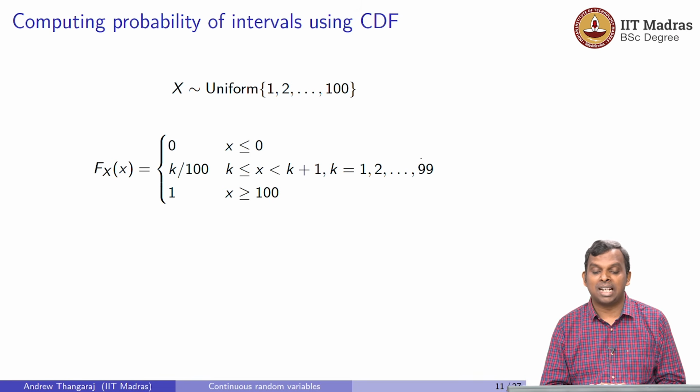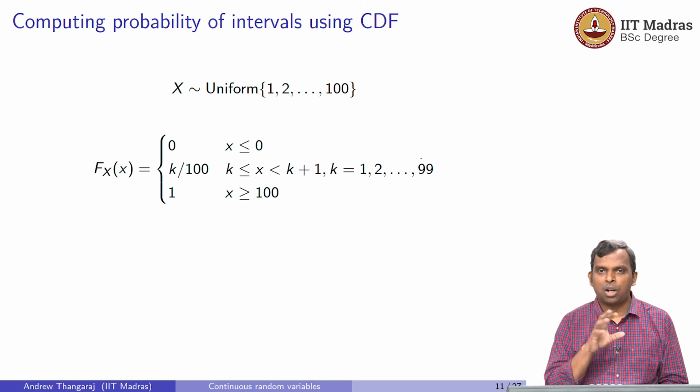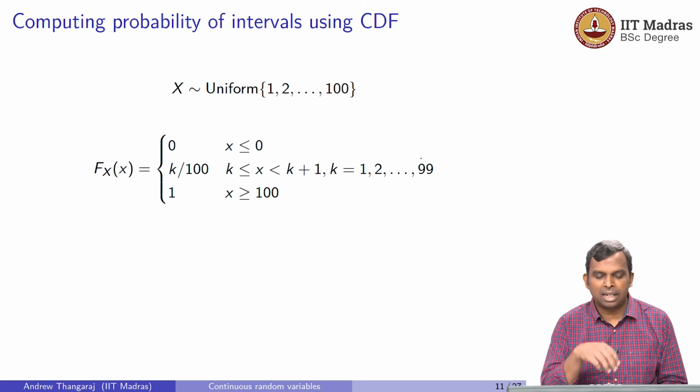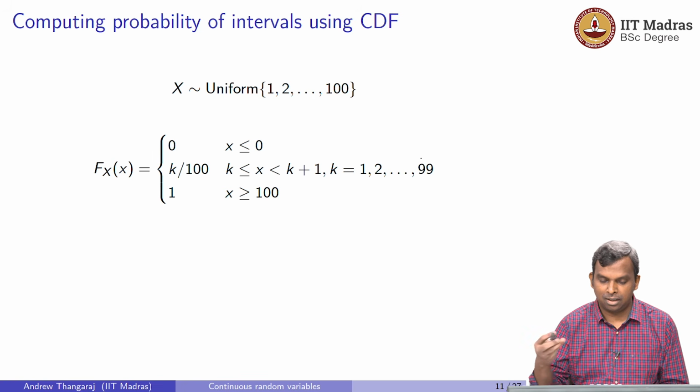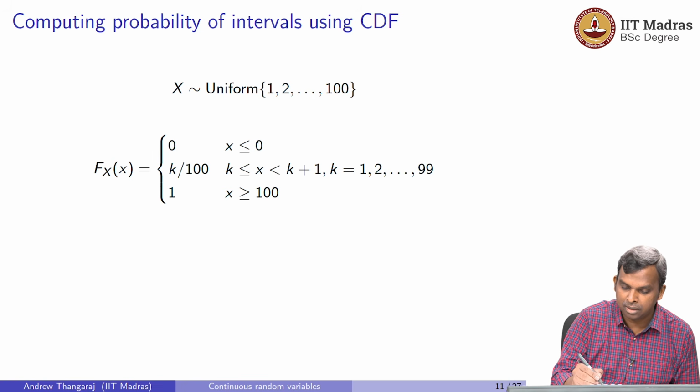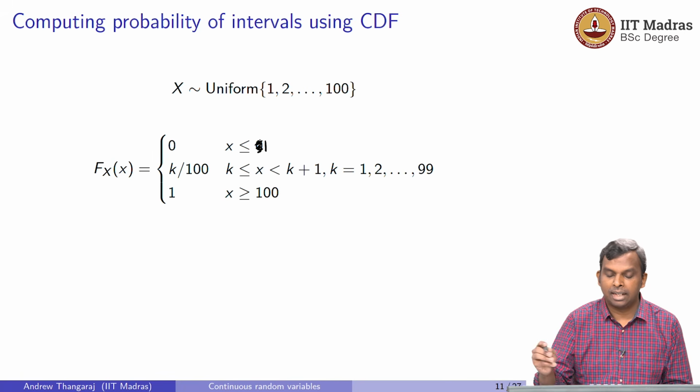So here's x, which is a random variable which takes values uniformly from 1 to 100. Now trying to plot this, we'll come to plots soon enough, but let's look at the description of the CDF. It takes value 0 when x is less than or equal to 0. In fact, I think this is not 0 here, this is a mistake.